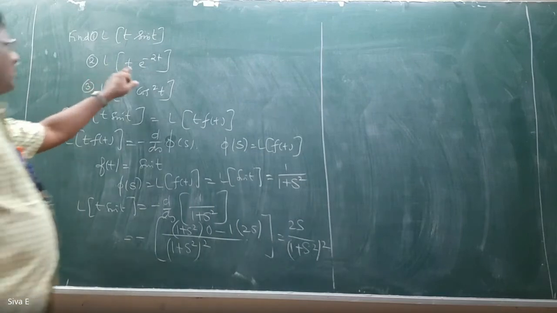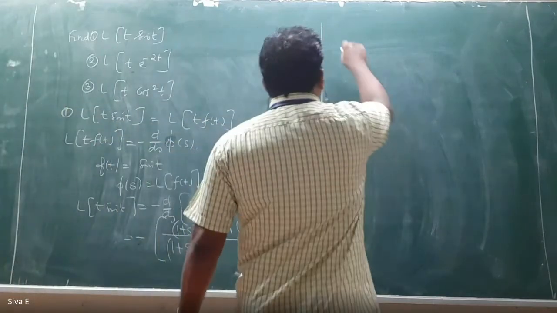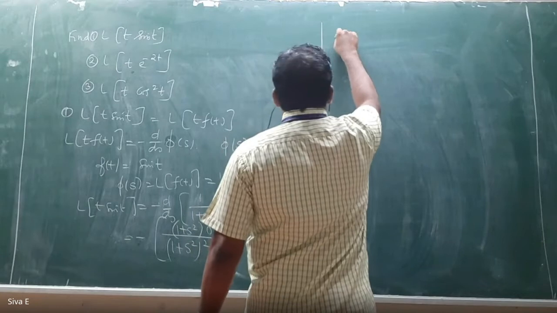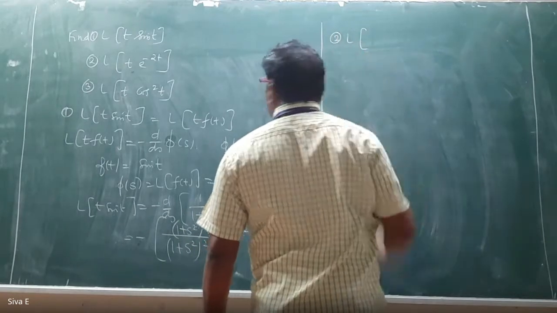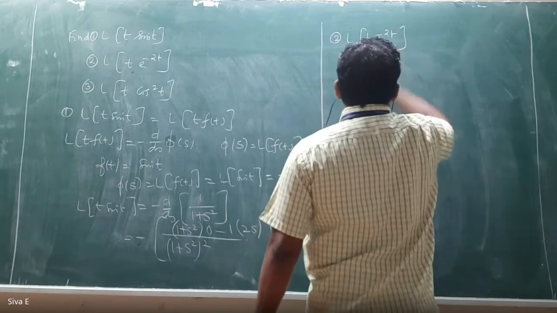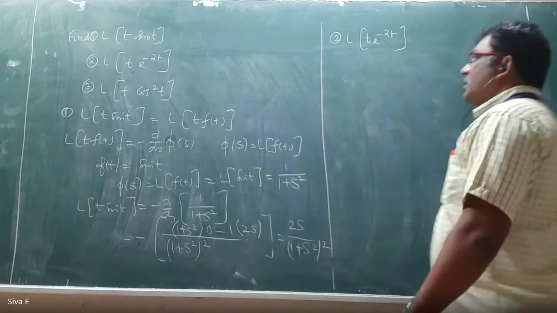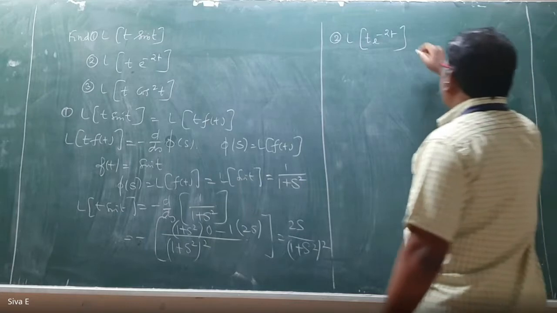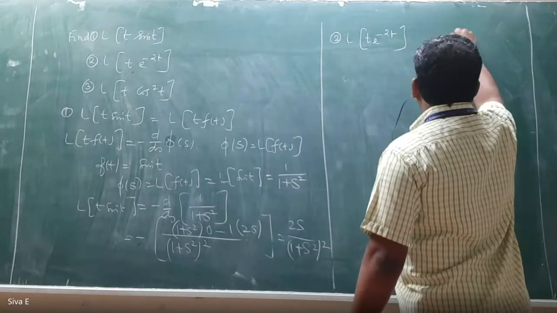For the second problem, Laplace transform of t into e power minus 2t. Actually, we can do this problem in two ways. One is, you can take it as e power minus at f of t format.